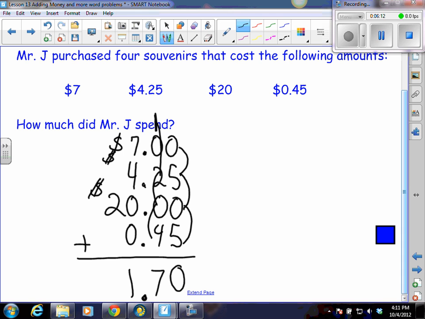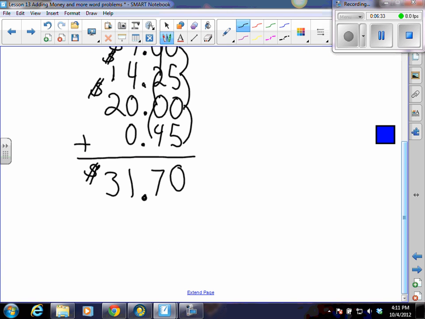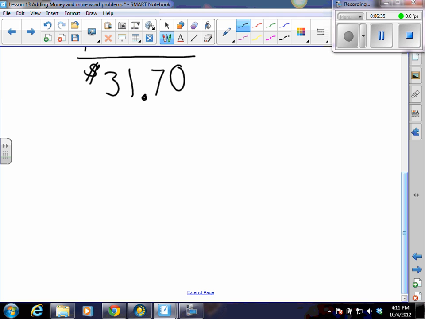So 1 goes down, and I'm going to throw the 1 right there so we're not confusing with the money signs. And we carry that 1 into the tens place, which is going to add with the 2, which gives us 3. And so we have $31.70 for an answer. So we see how those things line up real nice.